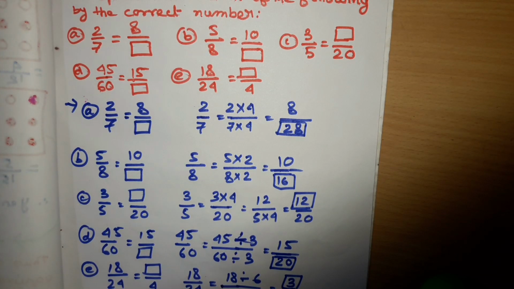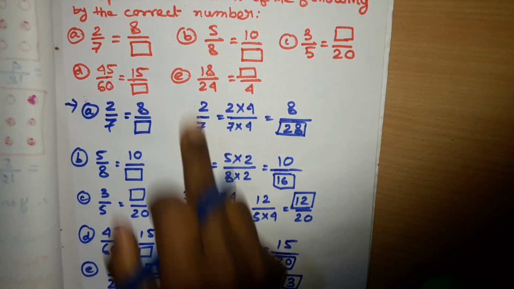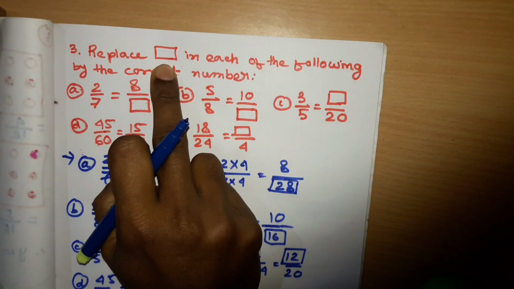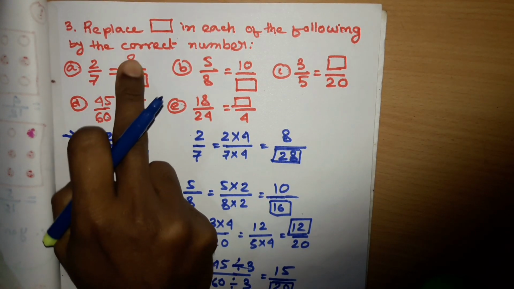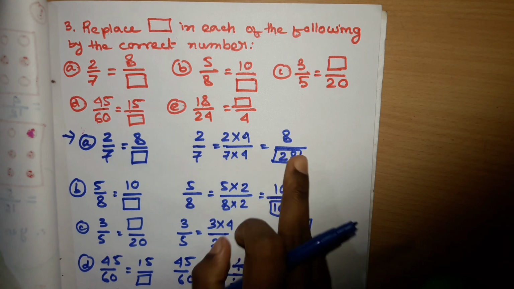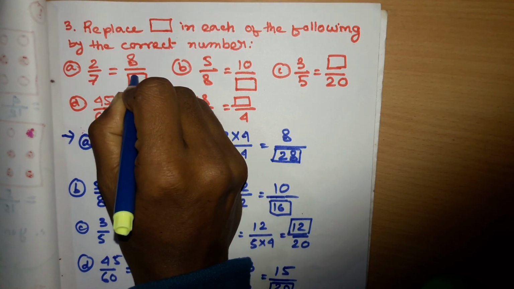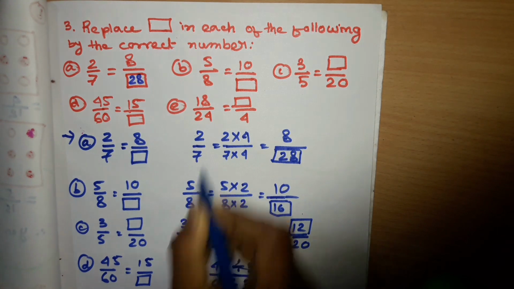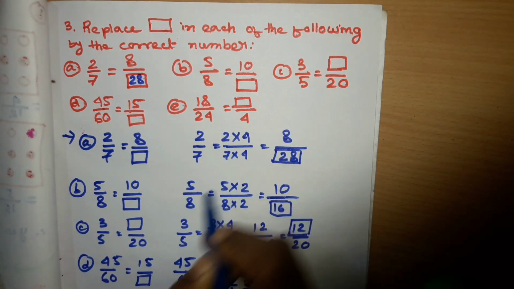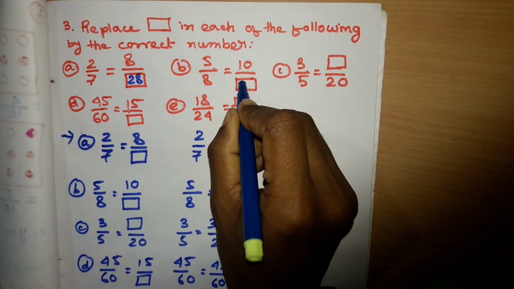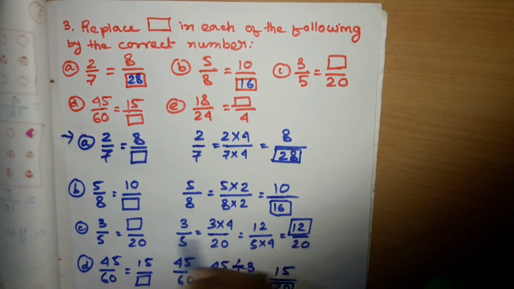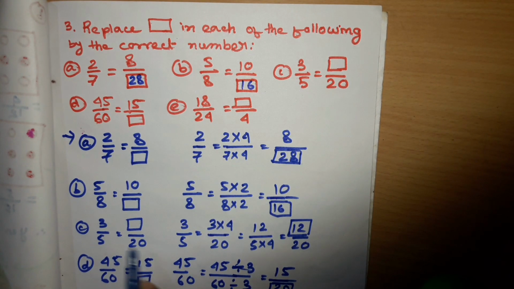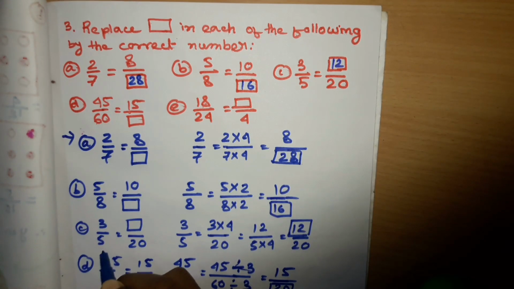This is actually how we replaced the blank box by another number. So what we are getting here is 8 by 28, 5 by 8 gives 16, number C, 3 by 5 is 12 by 20, so it is 12.